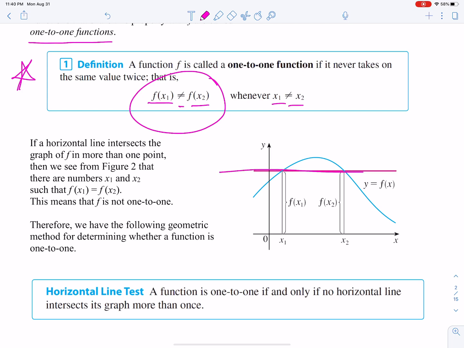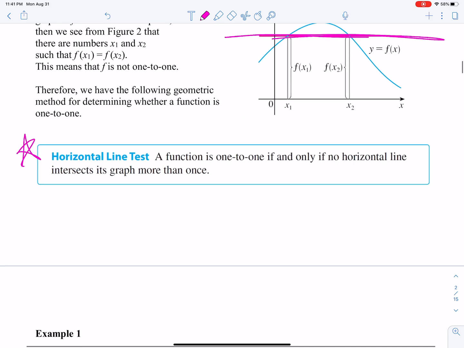Right? So we can see right here with a horizontal line test, right? This is important. With the horizontal line test, if this horizontal line crosses your function anywhere more than once, then your function is not one-to-one. Okay? All right, and this is the way we state it.